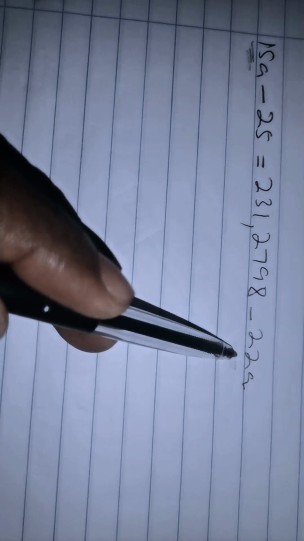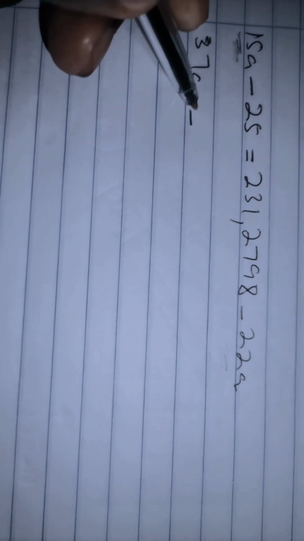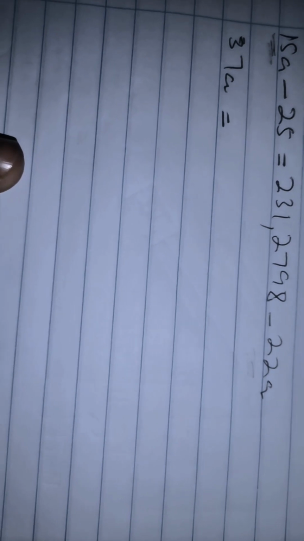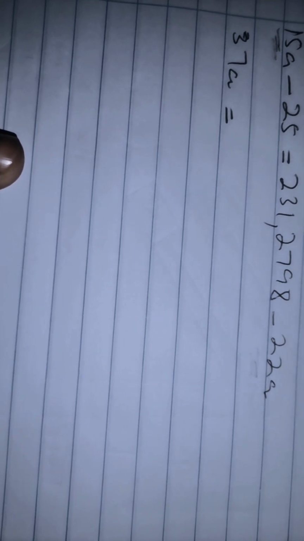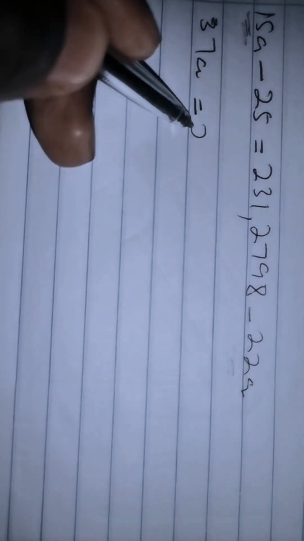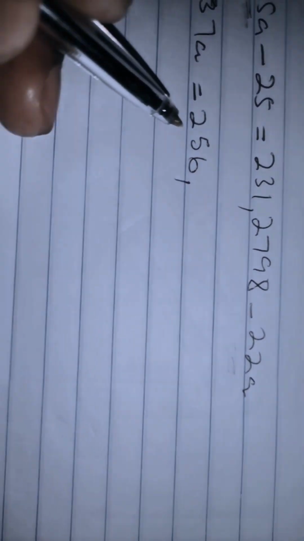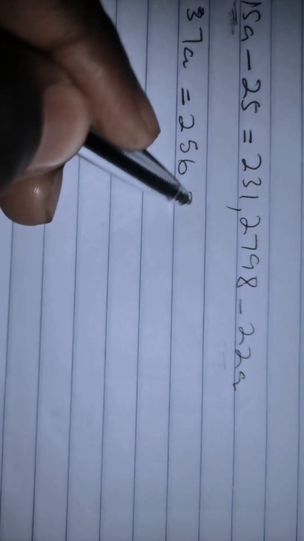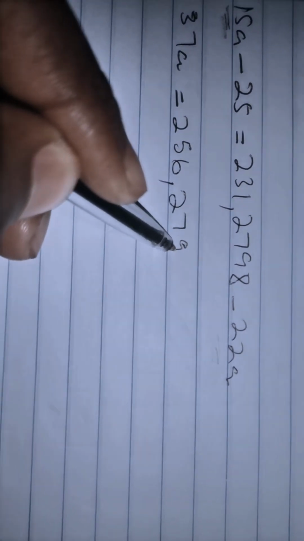So I'm going to solve for a. 15 plus 22 is 37, so 37a is equal to 231 plus 25, which is 256,2798.